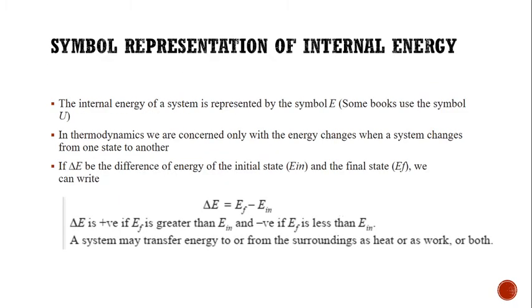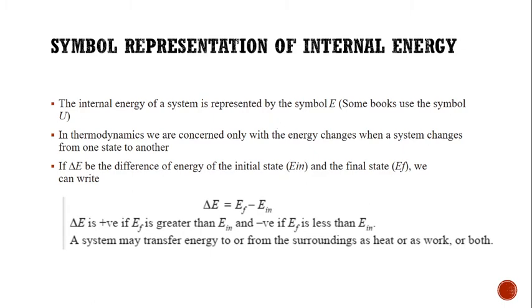Now we come to the symbolic representation of internal energy. Internal energy is represented by the symbol E. In some books, some authors use the symbol U for internal energy. In thermodynamics, we are concerned with the initial and final state.